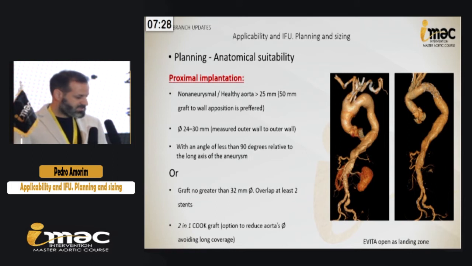And many times we need to work a little bit on the proximal implantation area. We need a graft, a TEVAR or 2 TEVARs. We sometimes need a hybrid solution or a 2-in-1 Cook device, which is a good option to reduce the aorta diameter and then be comfortable to put a T-branch.